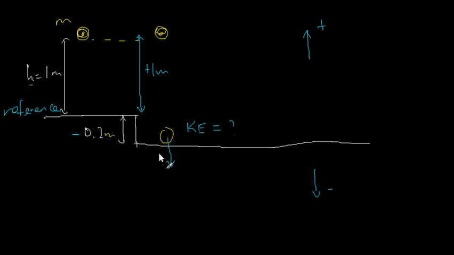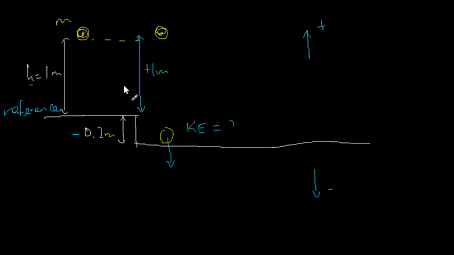Step number 2, then if I want to find the kinetic energy when the ball drops from one height to another, I would do it by finding the difference in the potential energy.